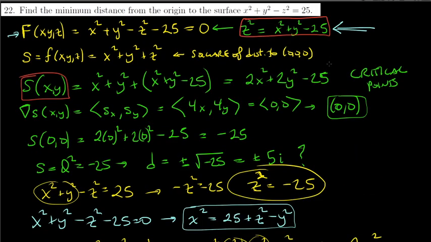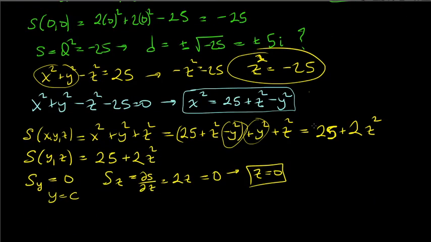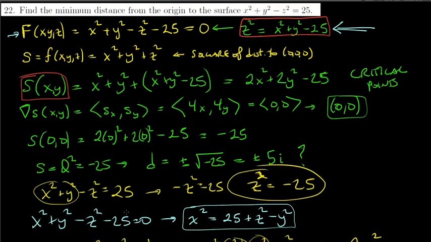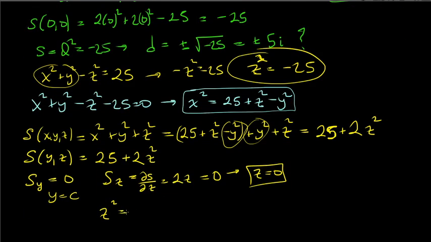What does that mean in terms of the surface? Well, in terms of the surface, remember what z squared was. We originally had it solved for z squared: x squared plus y squared minus 25. But if that equals 0, that tells me that x squared plus y squared is equal to 25.